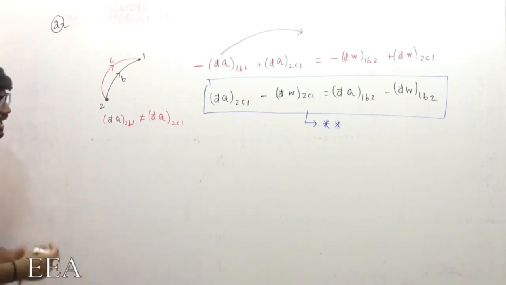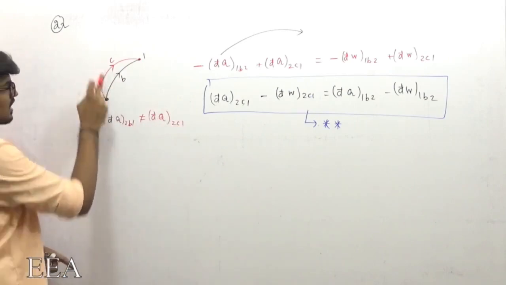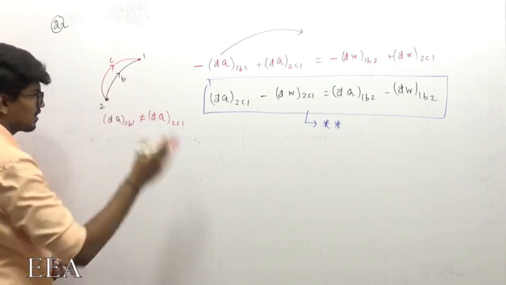That is why it is a path function, it depends on the path. As the path varies, the heat transfer during that process will also vary.